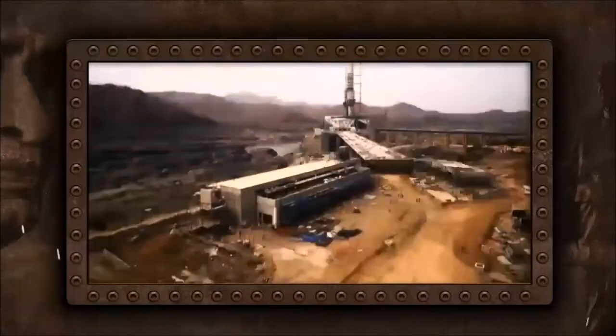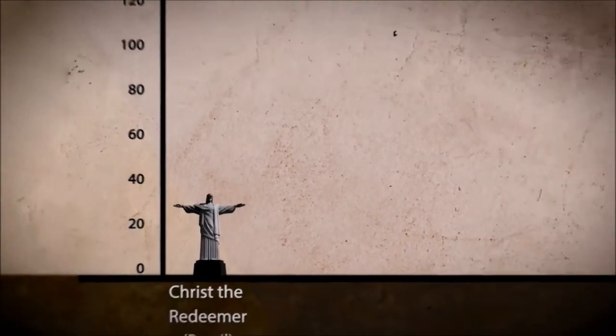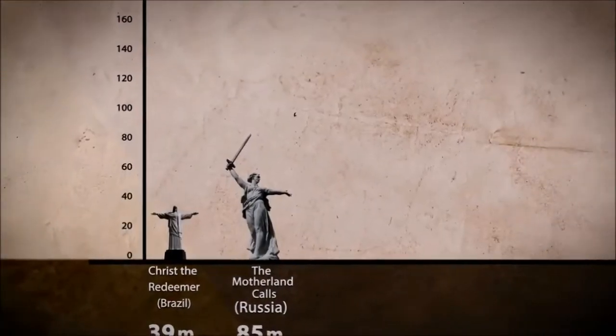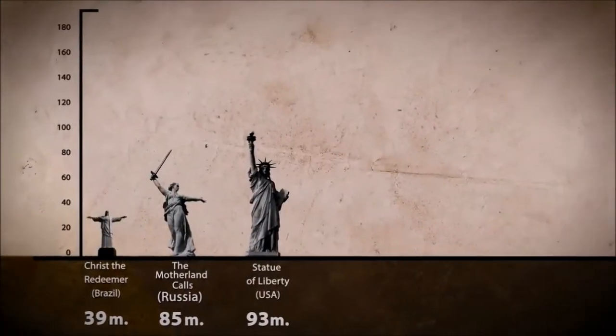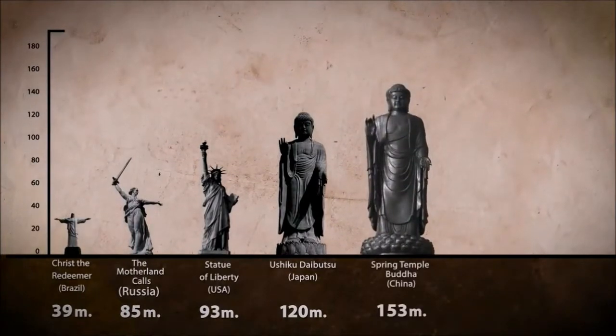Construction of the world's largest statue, which will be taller than Brazil's Christ the Redeemer, Russia's The Motherland Calls, USA's Statue of Liberty, Japan's Ushiku Daibutsu, and China's Spring Temple Buddha.